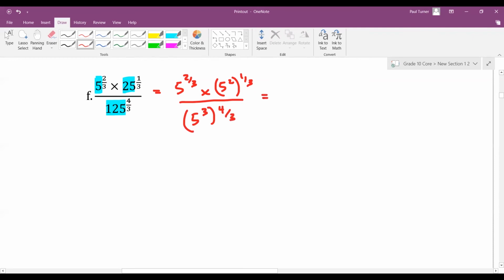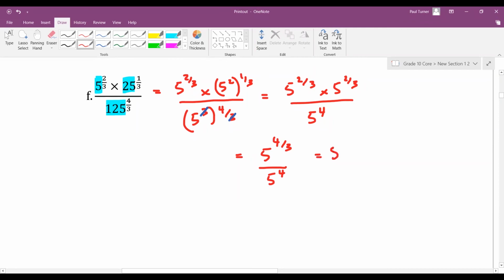So now we see what we can simplify. So 5 2/3, and this will be 2/3 as well. And this would be 5 power 4, because that 3 will cancel when we multiply. So you're going to have 2/3 plus 2/3, which is 4 on 3, divided by 5 power 4.